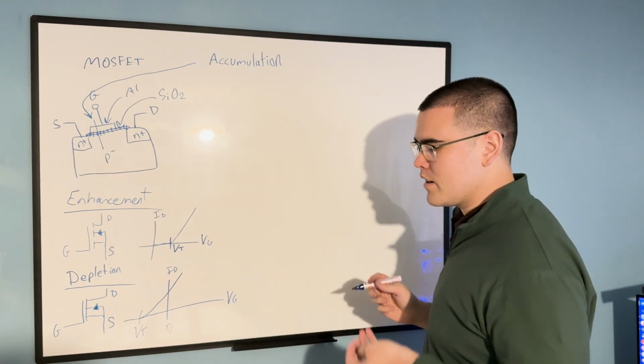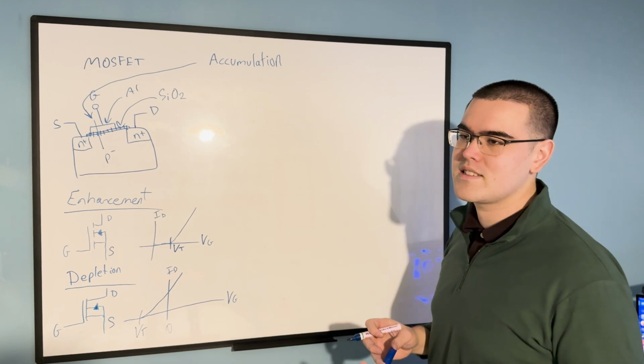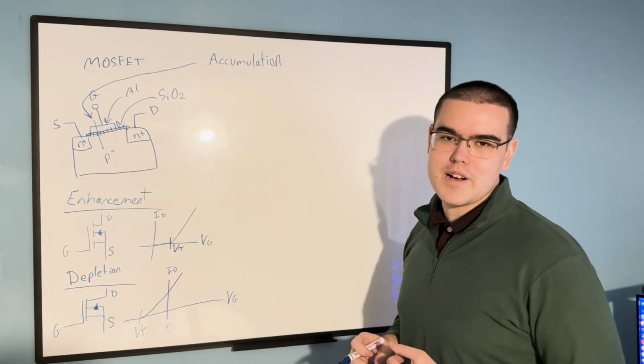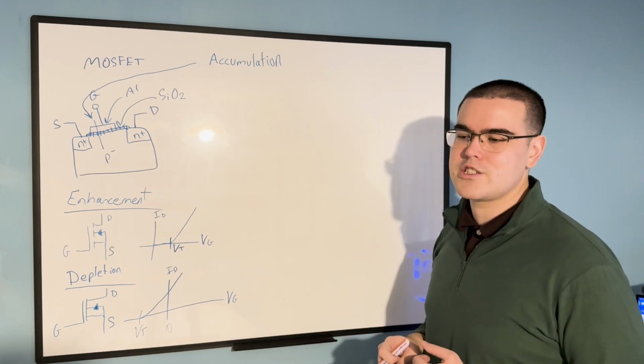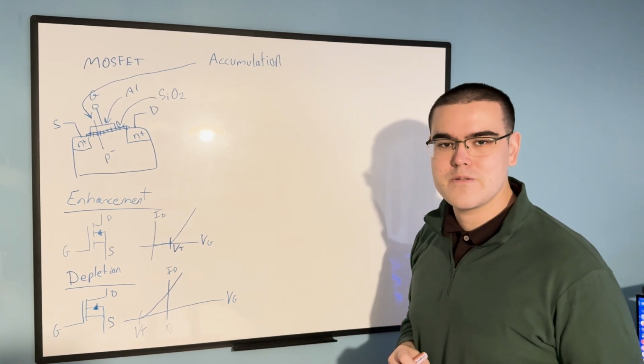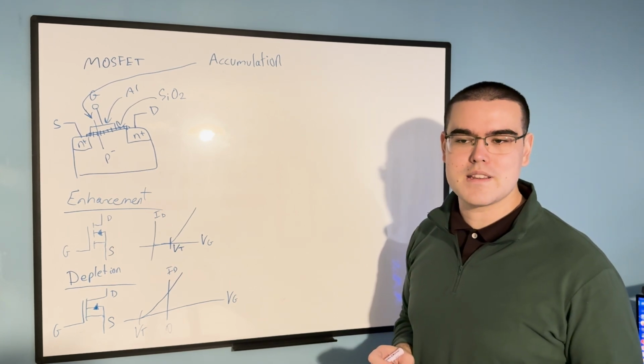So we're going to look at a MOS diagram, metal oxide semiconductor energy band diagram. If you're not familiar with energy band diagrams, I suggest that you watch the first video I did on semiconductor theory on my channel, and that will show you the ground basics of energy band diagrams.